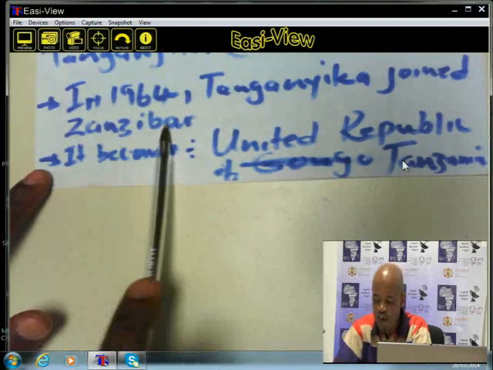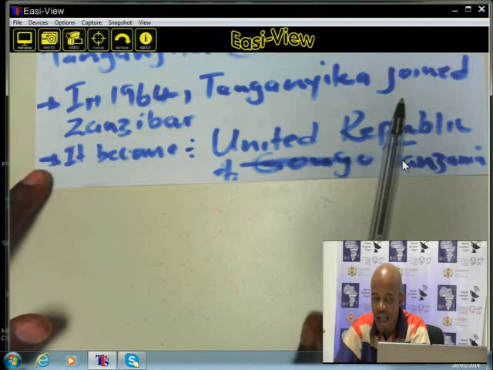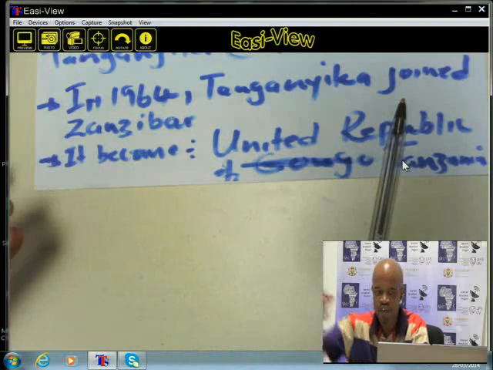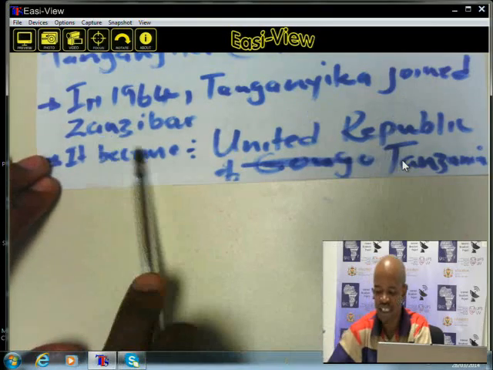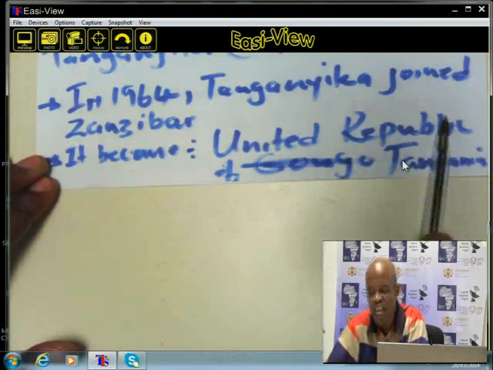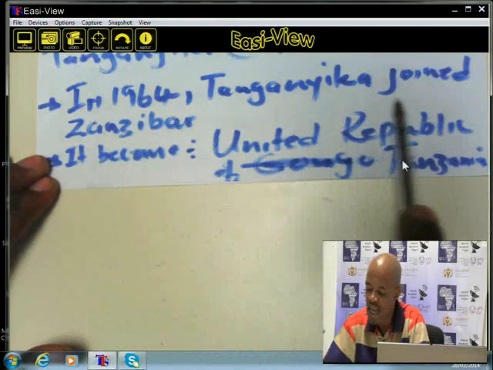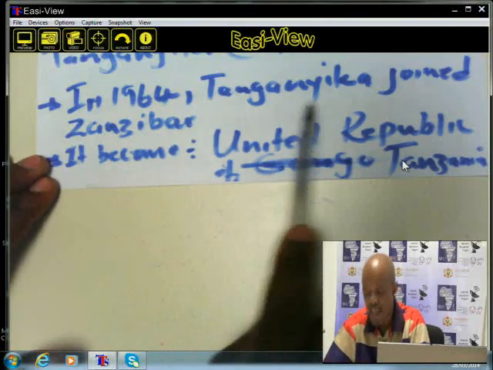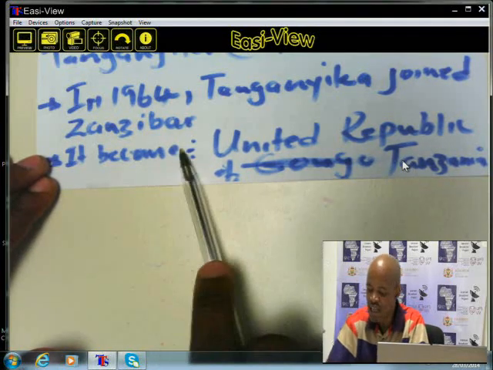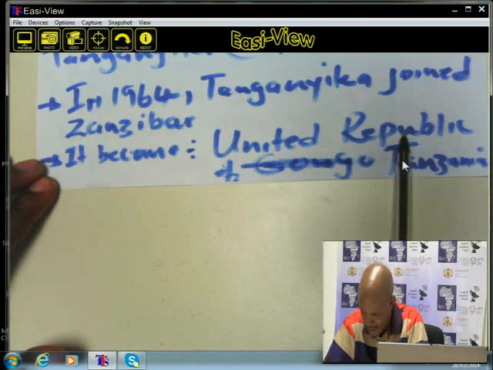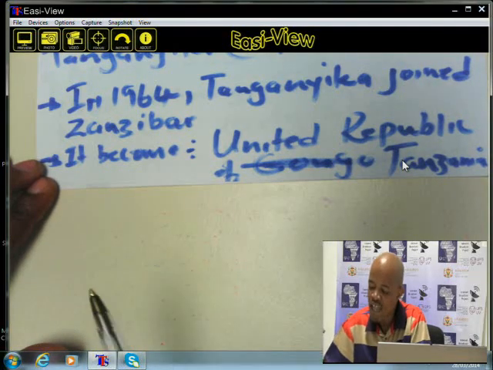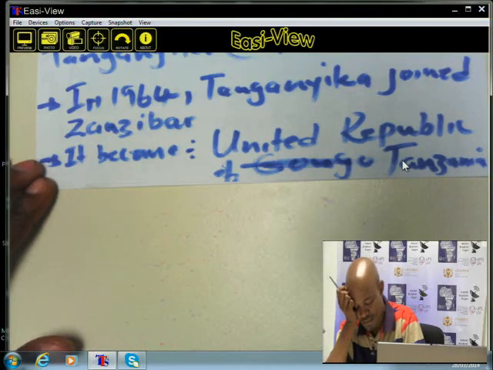In 1964, Tanganyika merged with an island next to it, which was known as Zanzibar. And when we look at the name, it changed its name from Tanganyika to the United Republic of Tanzania.